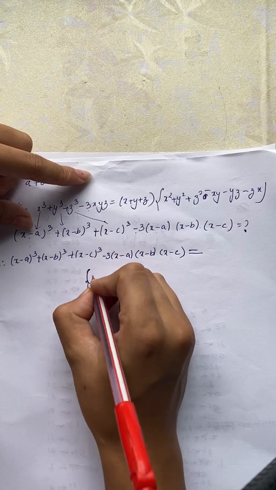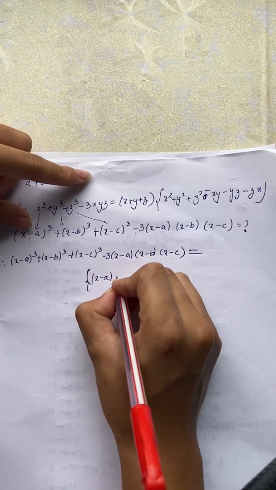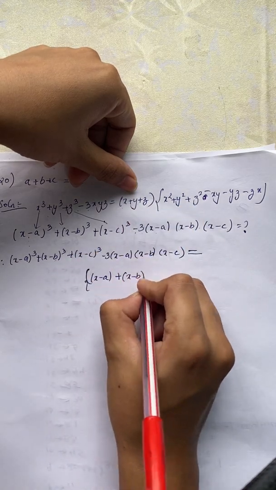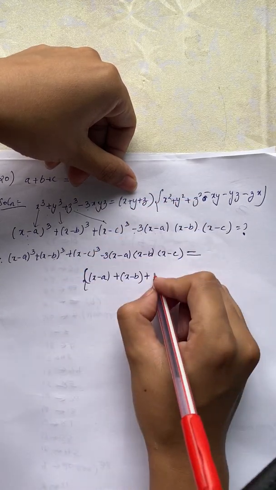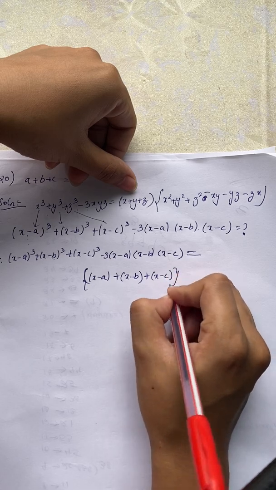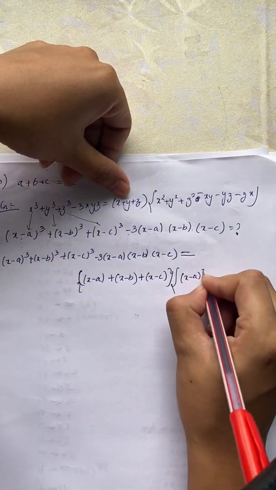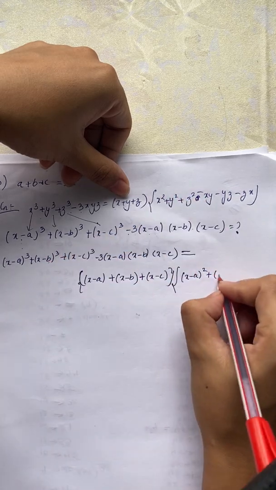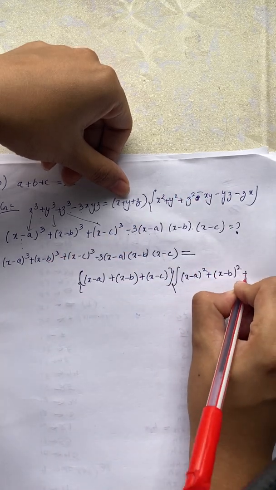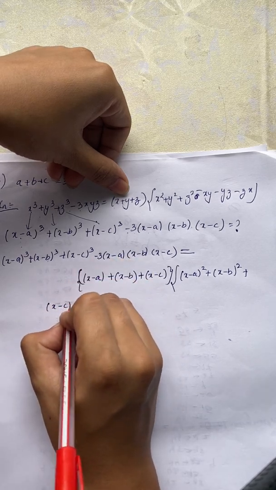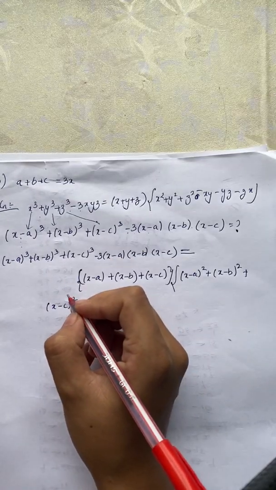That is, curly bracket, x minus a, plus what is y? x minus b, plus what is z? x minus c, bracket, times x square, x minus a square, y square, x minus b square, plus z square. I'm writing it here. z square is what? x minus c square. Clear with this?